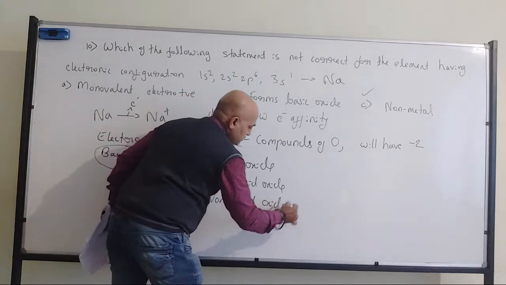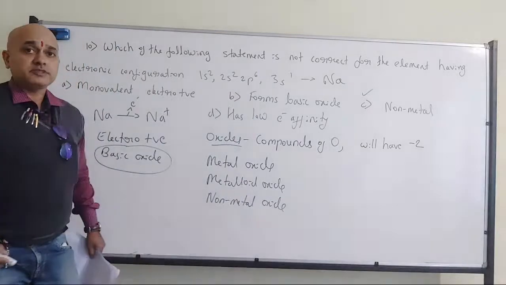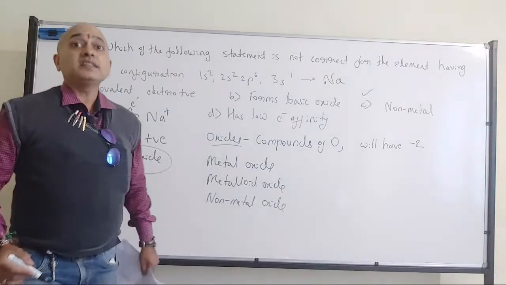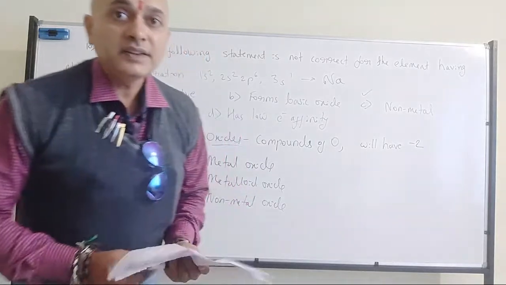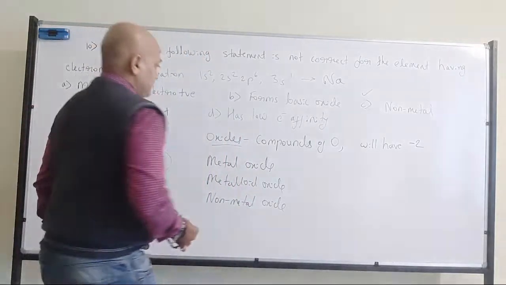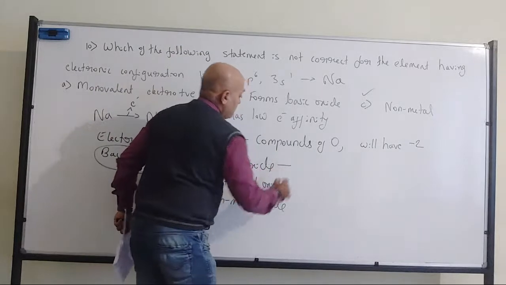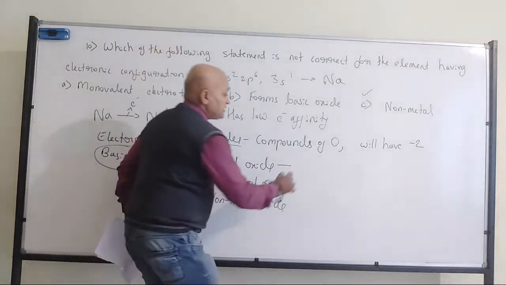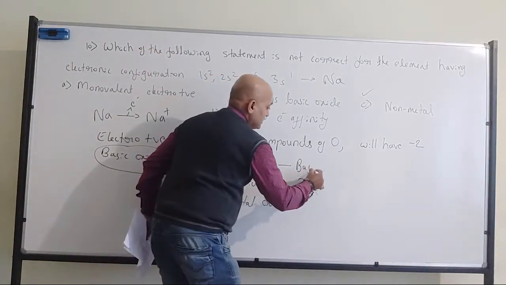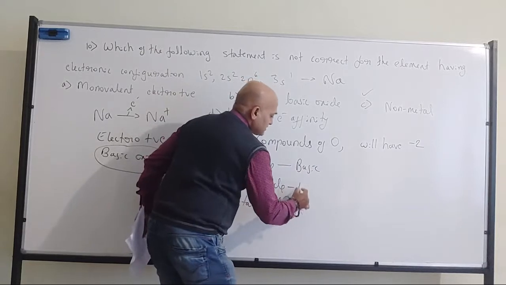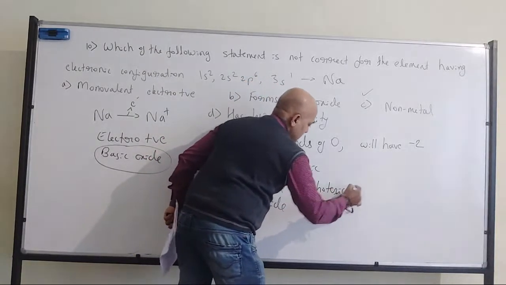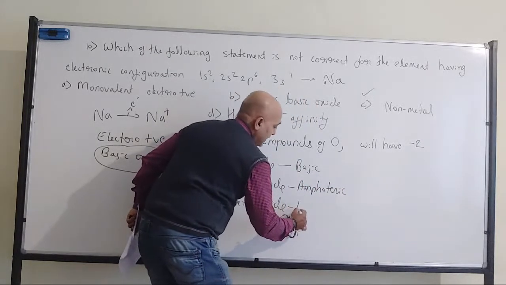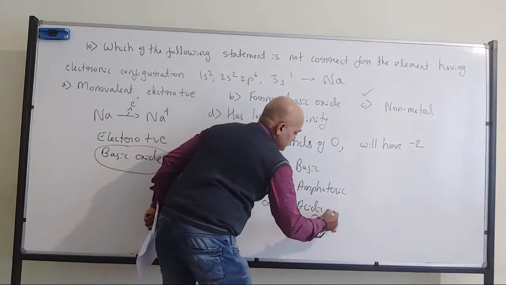So oxides can be of 3 types depending on the other partner; one partner is constant, that is oxygen. Metal oxides are basic in nature, metalloid oxides are normally amphoteric in nature, and non-metal oxides are acidic in nature.